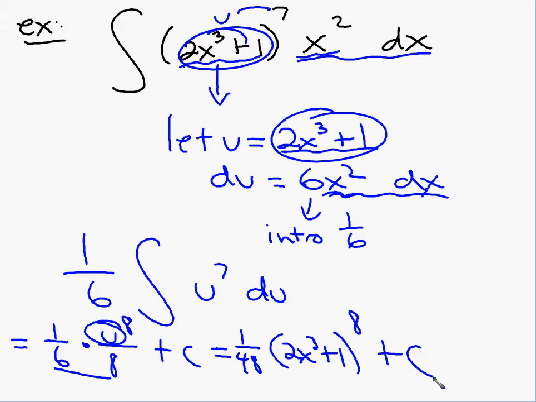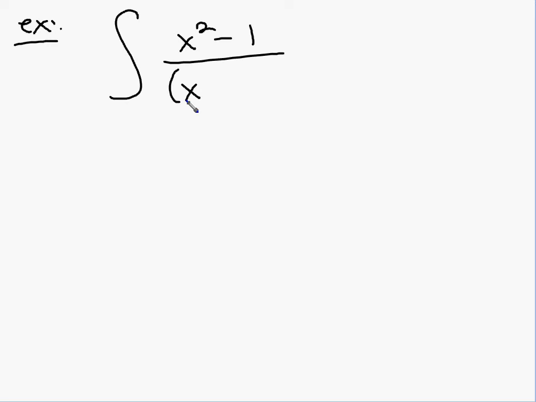Okay? Now, these can look all kinds of different ways, so I'm just trying to give you a number of examples, like some of the situations that you might see. What if I had the integral of x squared minus 1 over (x cubed minus 3x plus 1) to the 6th dx?